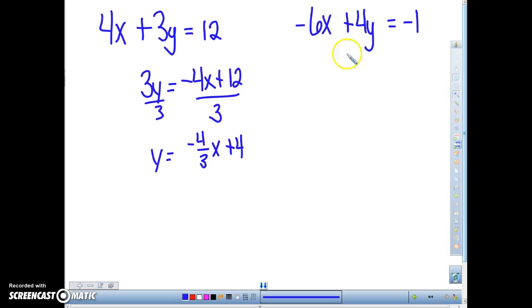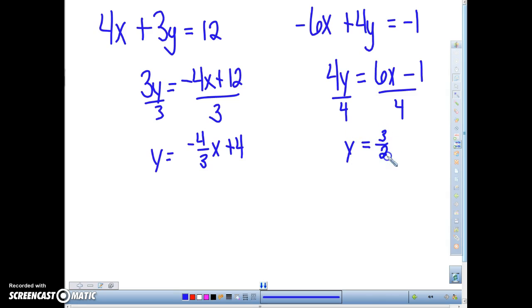Okay, on the second one, 4y is equal to +6x minus 1. Divide by our 4. And y is equal to 3/2 x minus 1/4. Let's go ahead and graph these.